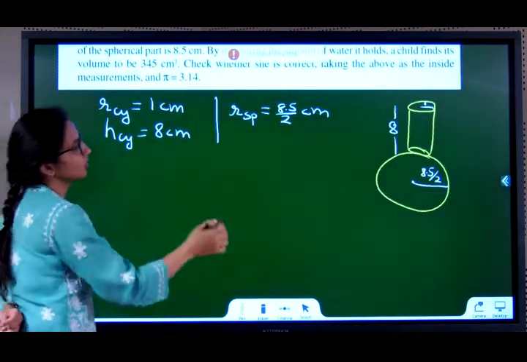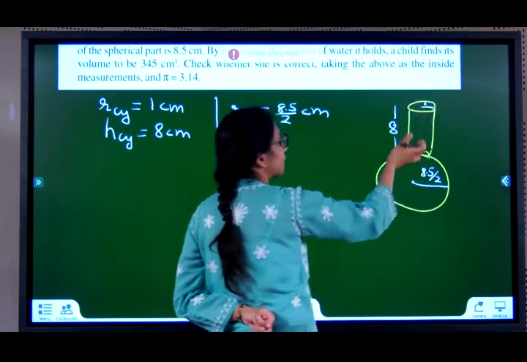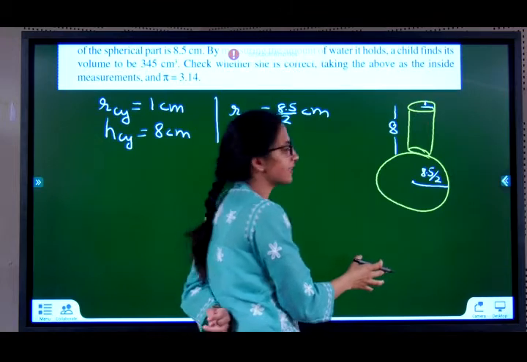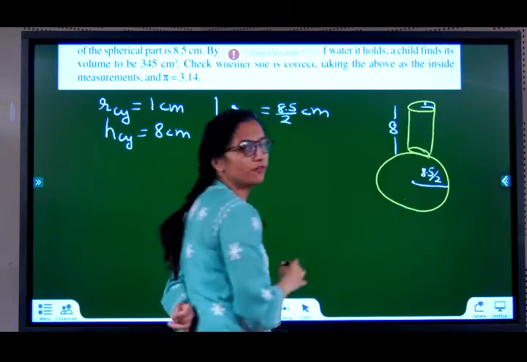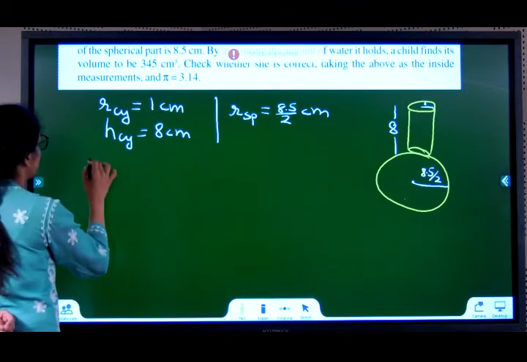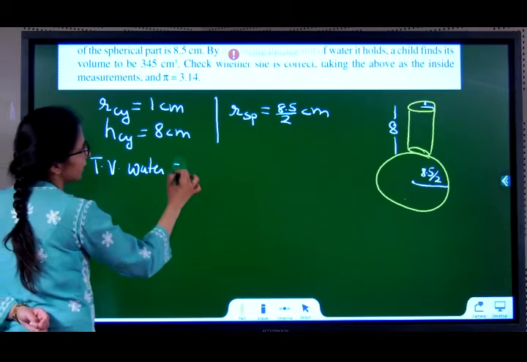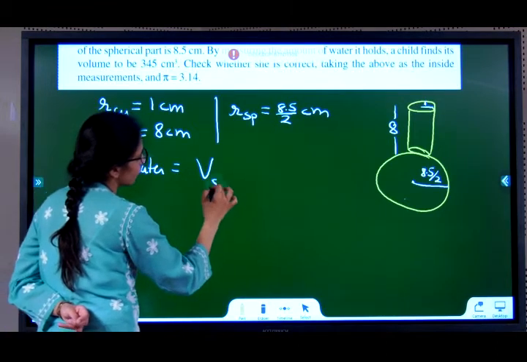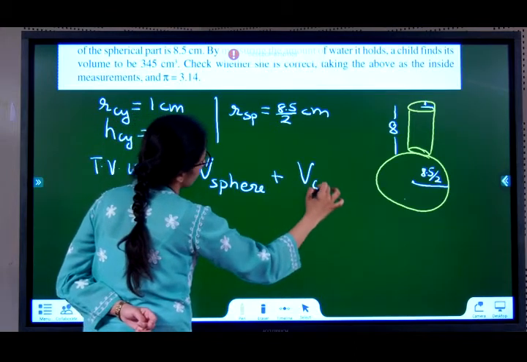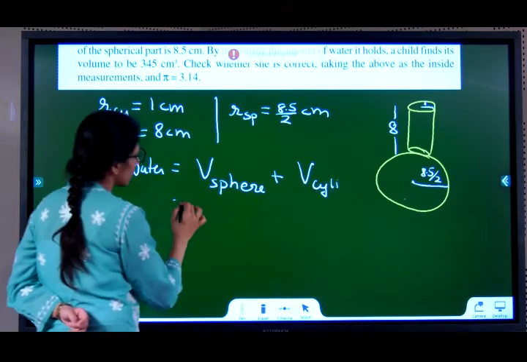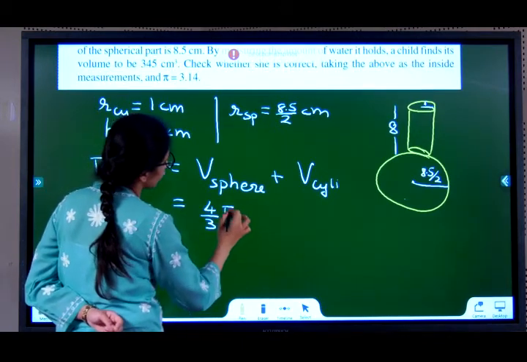Easy question. So, if I keep filling water in this, the whole thing will fill plus the cylinder will fill. So, what is the volume of the water in the vessel? Volume of cylinder plus volume of sphere. Therefore, total volume of water, volume of sphere plus volume of cylinder. Volume of sphere 4 by 3 pi r cube.